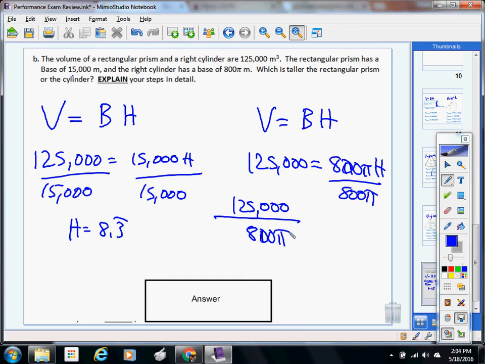That's not right. What you've got to do is put that 800 pi in parentheses, and that will solve you the H. It's not 490.87. It's 125,000 divided by 800 pi.